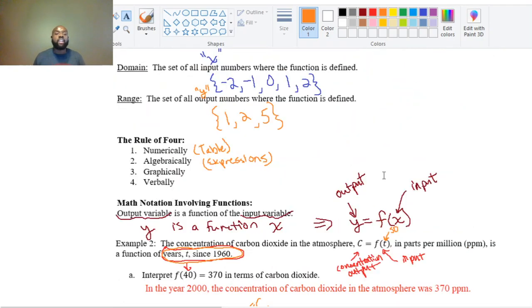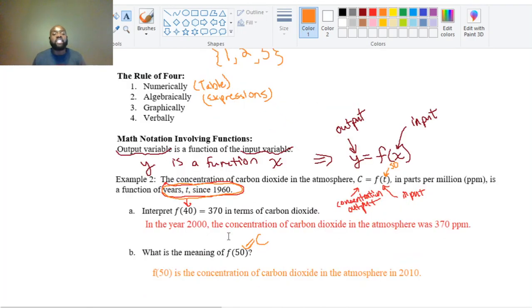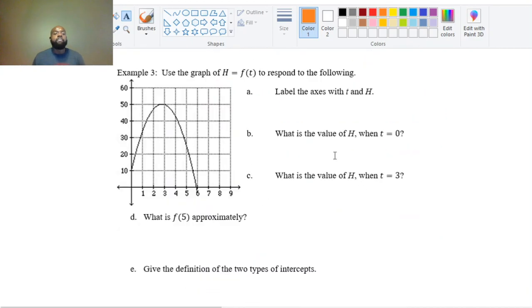All right. This is a case of looking at a function verbally, right? We don't have the table of values. We don't have the actual algebraic expression. We don't have the actual graph, but we have some information given to us in words and a little bit of notation. All right. Now let's look at a graphical situation here. It says use the graph of h equals f of t to respond to the following.